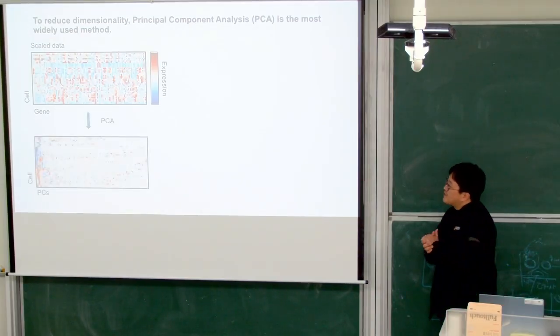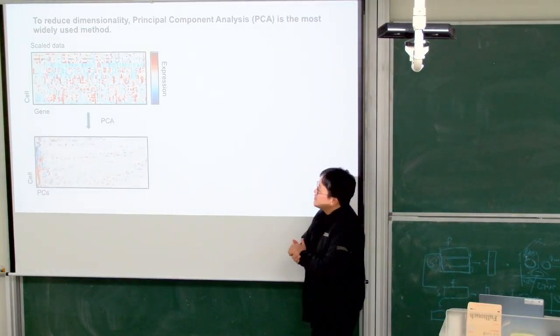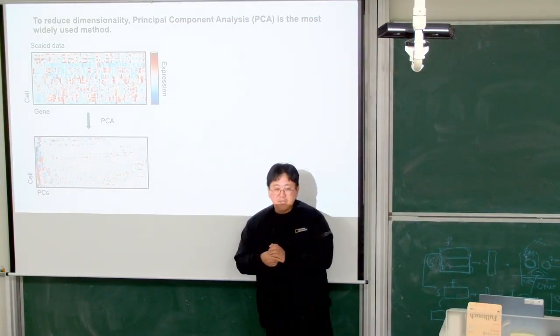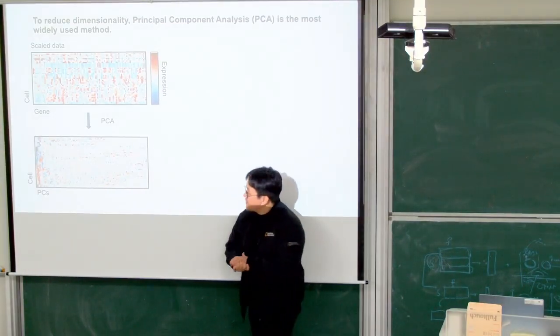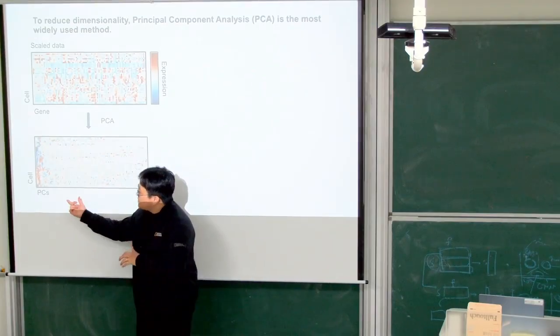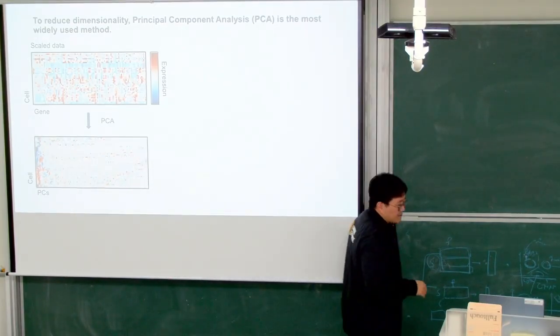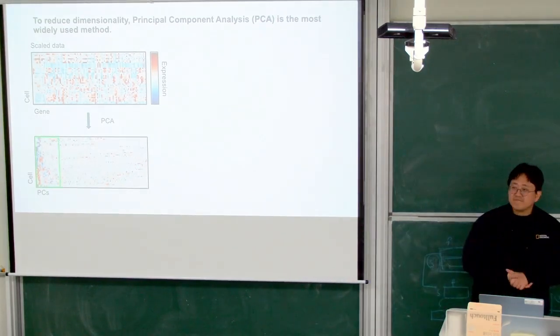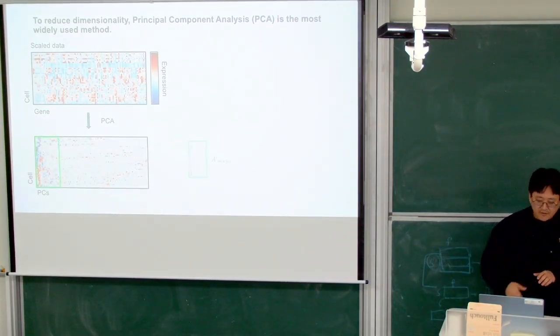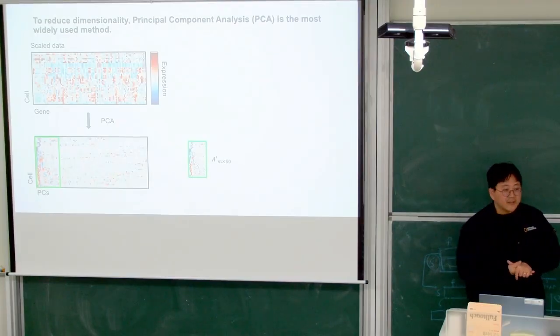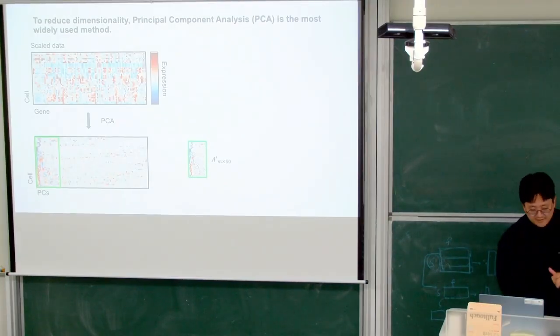After applying PCA, you can convert genes into PCs. Then, as you can see here, the top PCs can capture the most variance contained in the data. So by selecting these top PCs, we can reduce the data size, right?